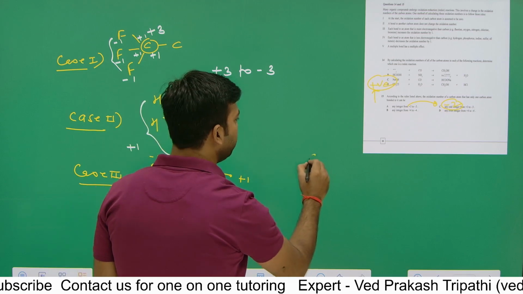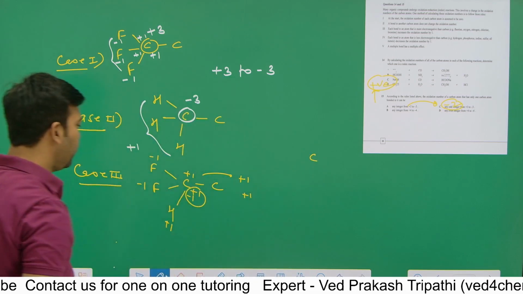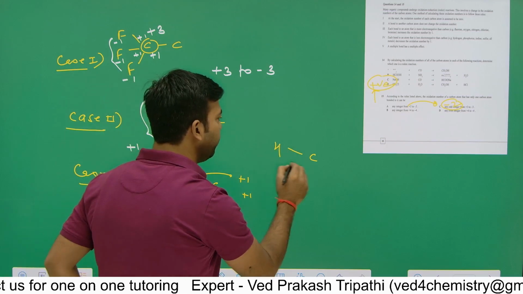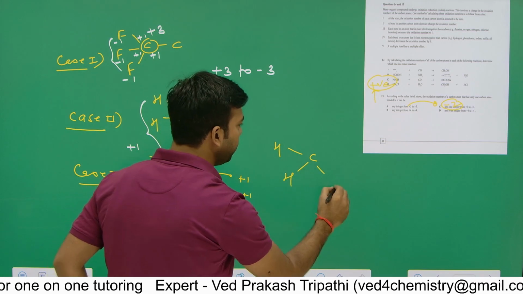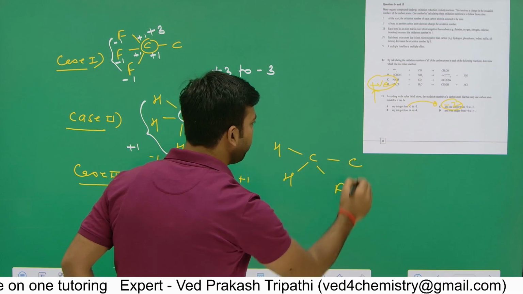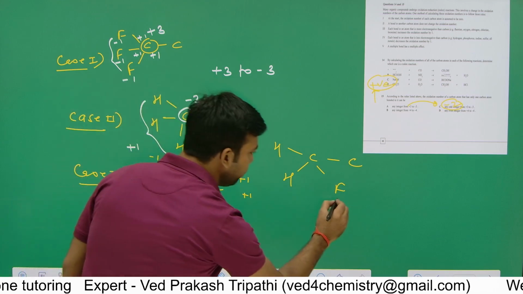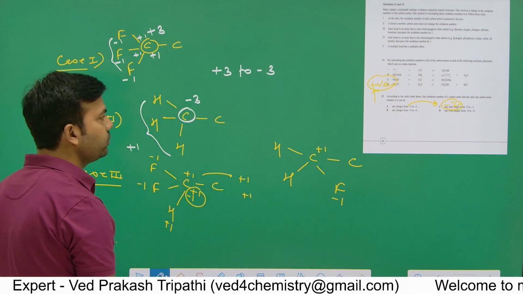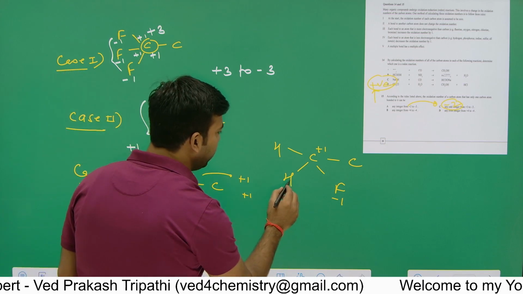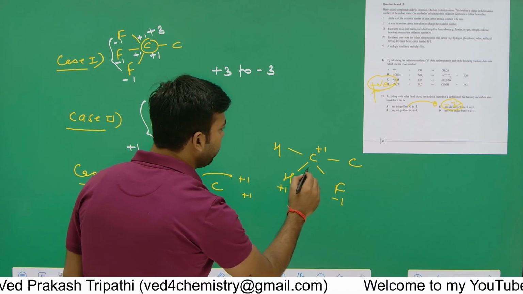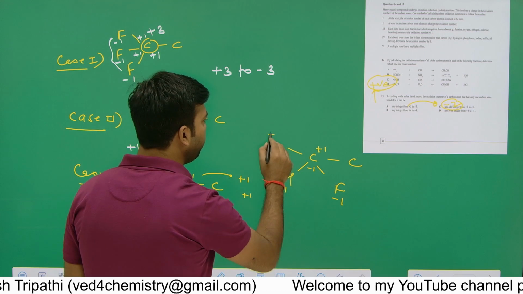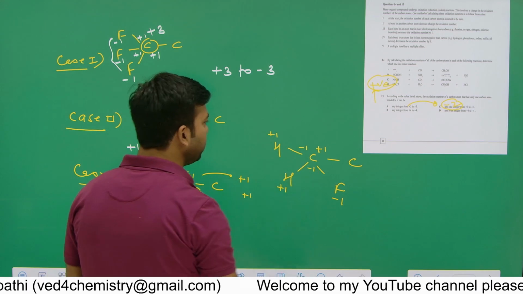Again, you can see here, in this case I keep 2 fluorine. Now we are going to keep 2 hydrogen and 1 fluorine, okay? And this is carbon. So fluorine is -1, so carbon is +1. Clear? And this hydrogen is +1, so carbon is -1. And this hydrogen is again +1, again carbon is -1.